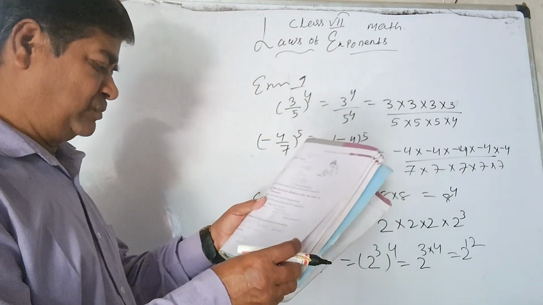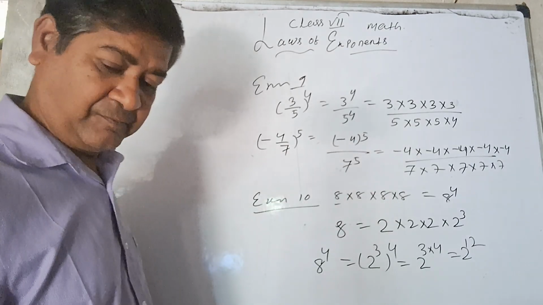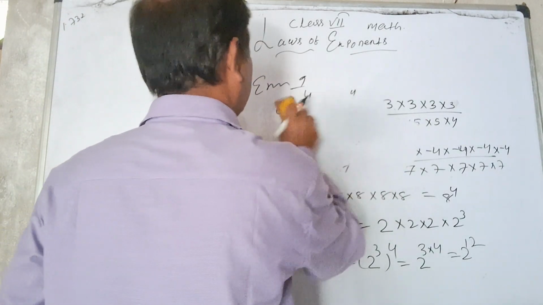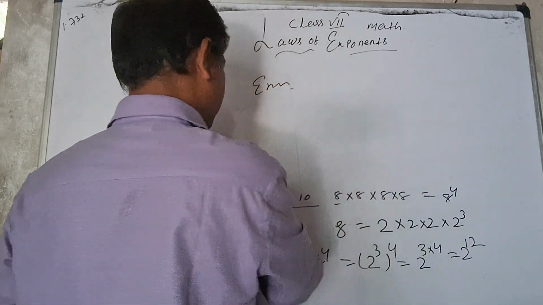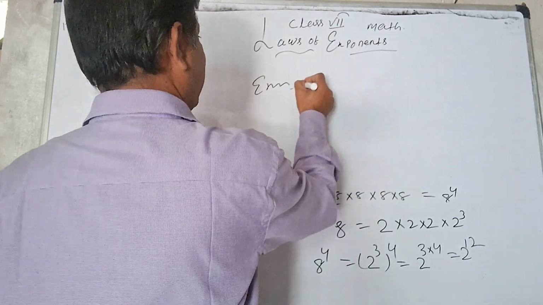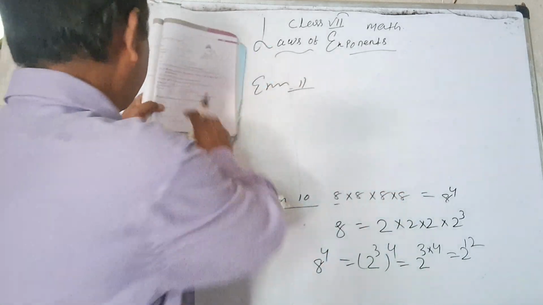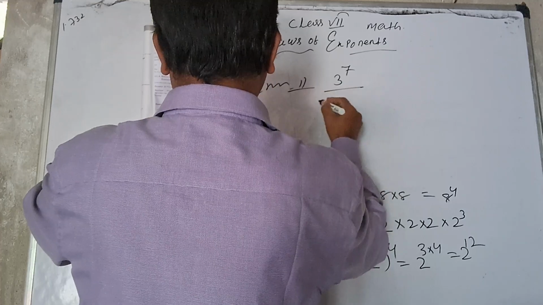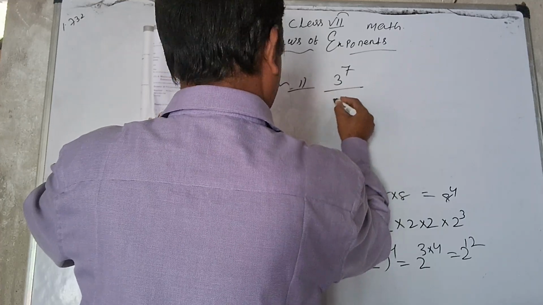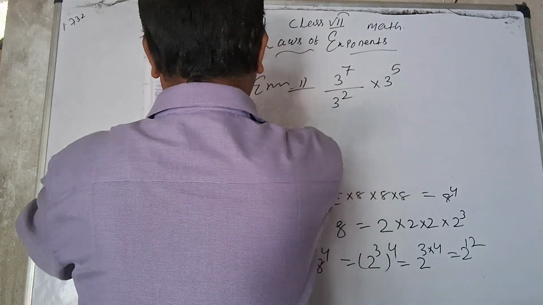Similarly, example 11. 3 to the power 7 divided by 3 to the power 2, into 3 to the power 5.